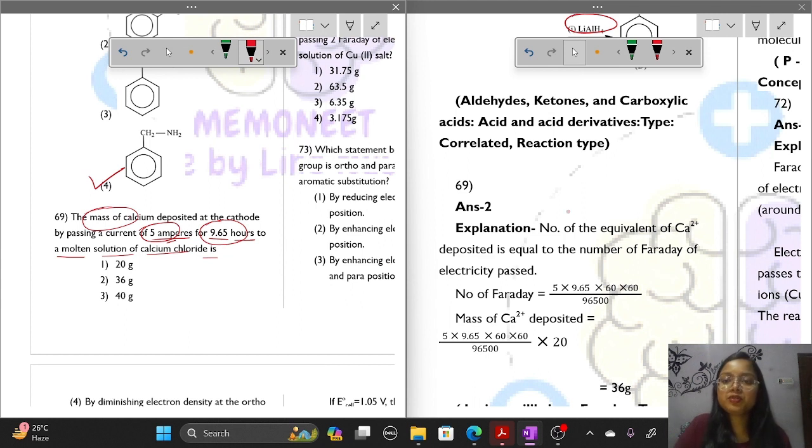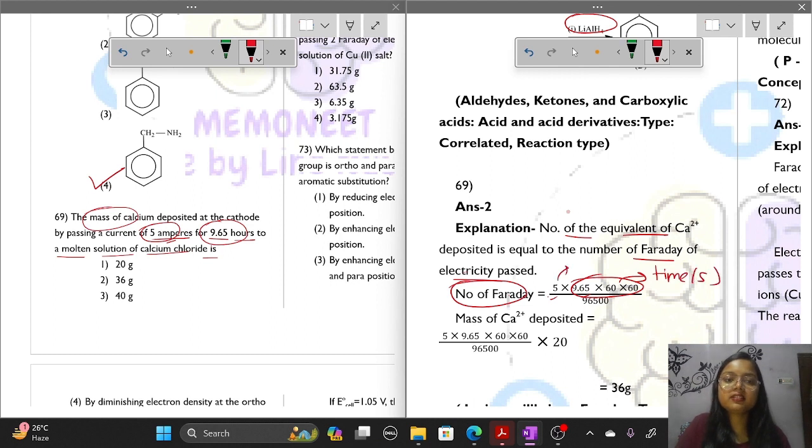So we know that the number of equivalents of calcium deposited is equal to the number of Faraday of electricity passed. The number of Faraday will be charge, that is current into time, and we have to convert time into seconds.